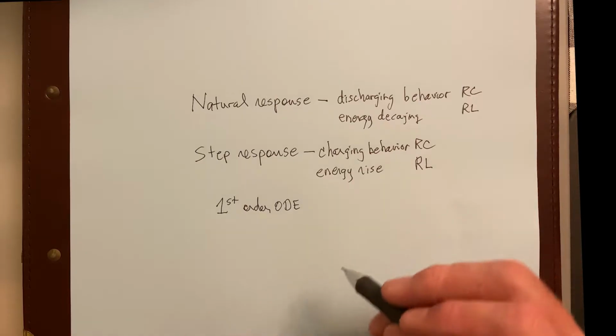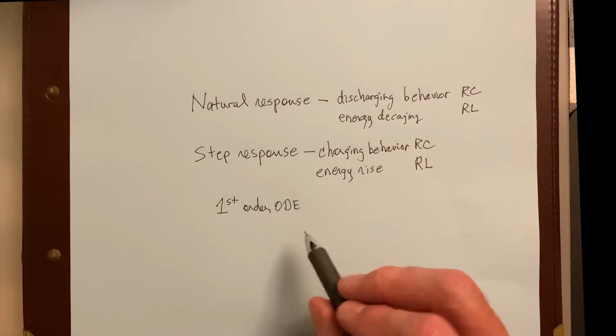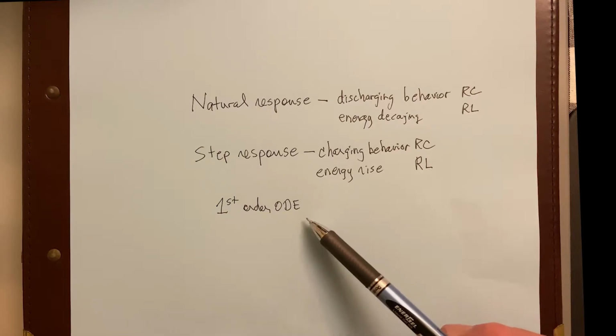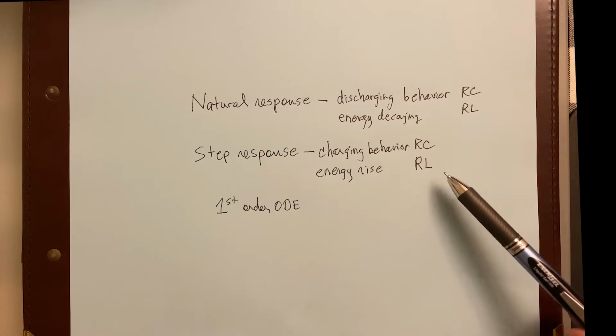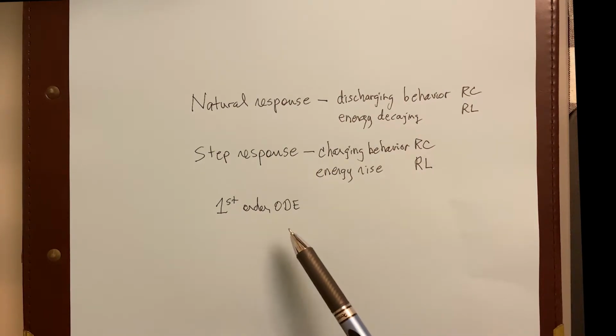So a V_TH and R_TH are going to show up here. And that'll make more sense, I think, when we get to that point, but I'm just kind of giving you a heads up. Natural and step responses for RL and RC circuits are going to be first order differential equations as their solutions, which are naturally going to lead to us being able to do Thevenin and Norton equivalent circuits here. Okay, so let's go ahead and get started.